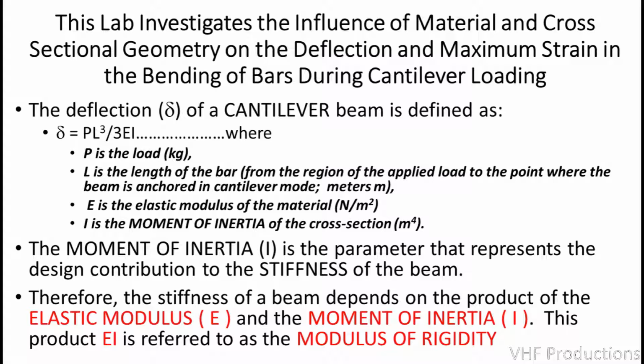We're going to measure the deflection of each cantilever beam under a given load with the load applied at a particular distance L for materials with modulus E and geometries having moment of inertia I.